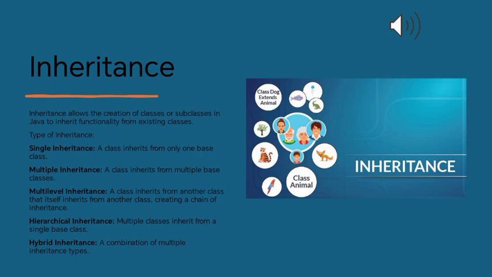Multi-level inheritance means a class inherits from another class that itself inherits from another class, creating a chain of inheritance. Hierarchical inheritance means multiple classes can inherit from a single base class. And the most important is hybrid inheritance, a combination of multiple inheritance types.